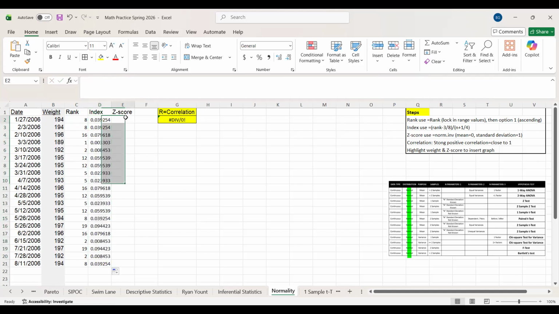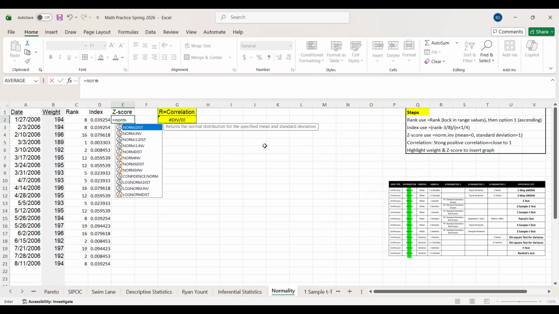All right, then next column, number 3, is z-score. So I'm going to use equals, and it says to use normal.inv. As soon as I hit equals, it's going to give me all these choices. I'll grab NORM.INV. And then it's going to tell me that I'm comparing this to a perfect bell-shaped curve, which has a mean of 0.